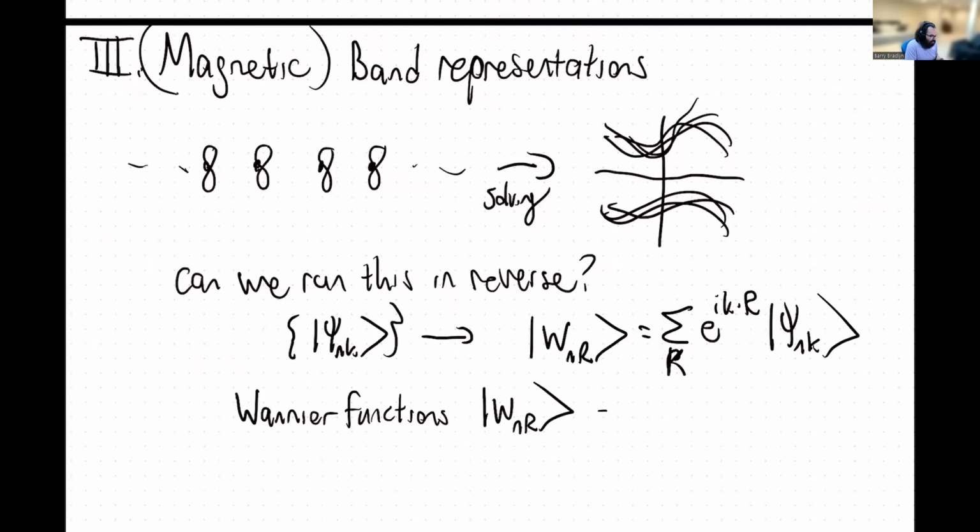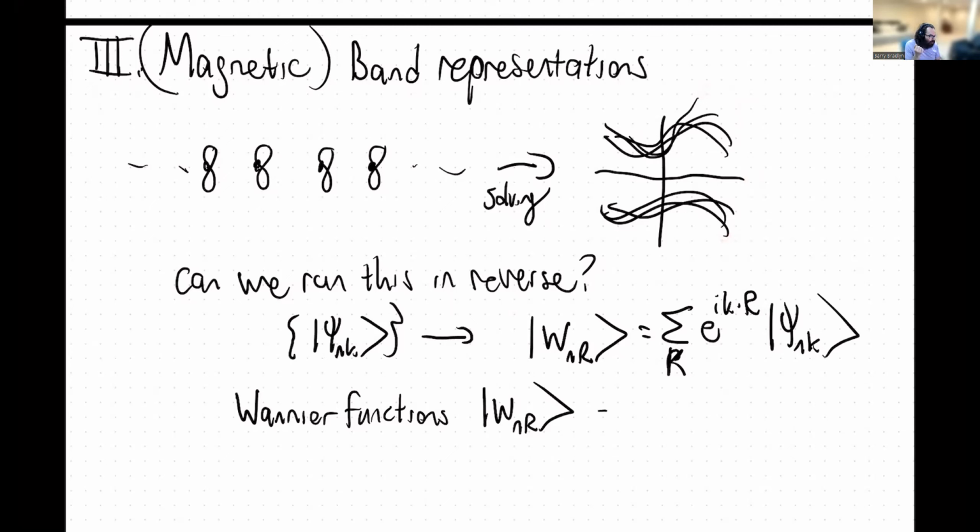And what we'd want is these Wannier functions, if we select all of the bands that we get out here, all the core states, all the valence states, and all the highly excited states as well, we know that we should be able to reconstruct all of our starting atomic orbitals. But what if we don't look at all of the states? What if we just look at some of them, the ones that we're interested in at low energy?